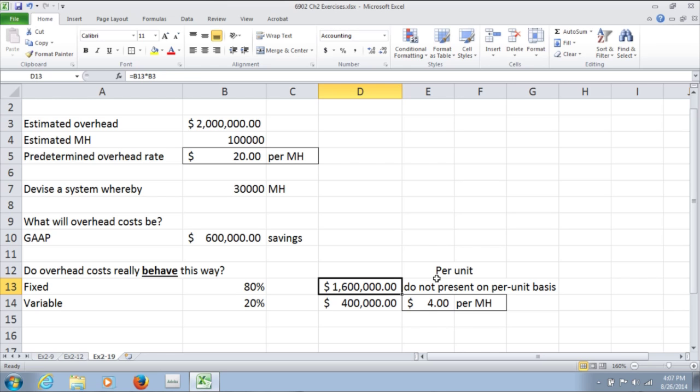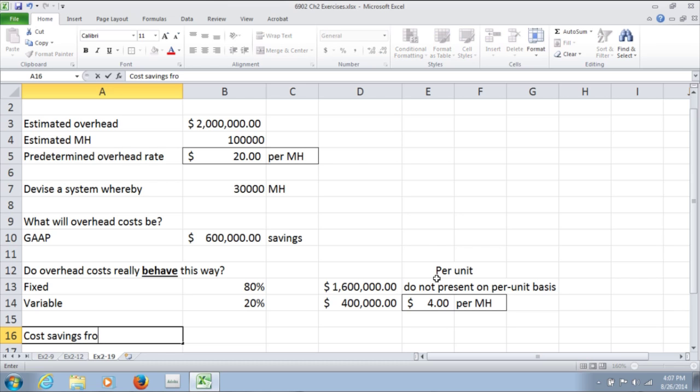Nevertheless, it doesn't stop people from doing so. But the overhead costs aren't behaving that way. So when we're looking at our incremental analysis, what could we save from reduced machine hours?